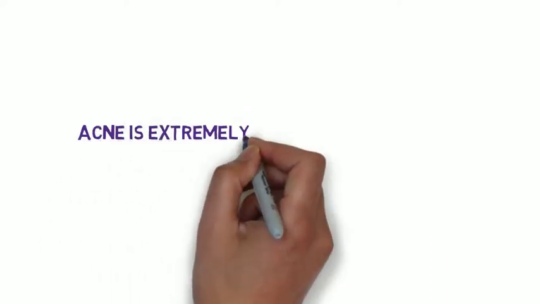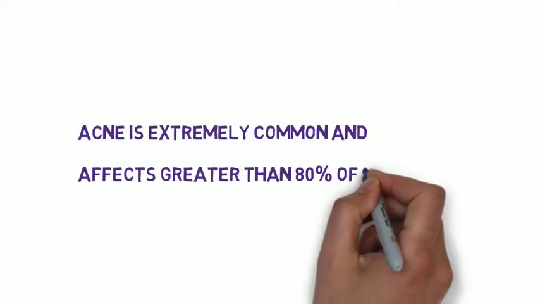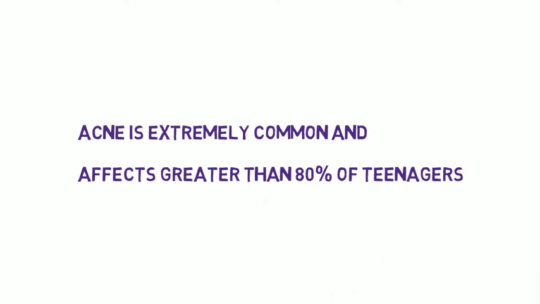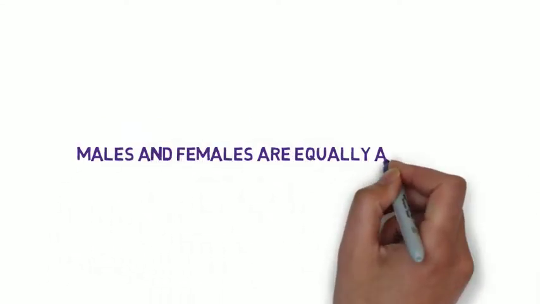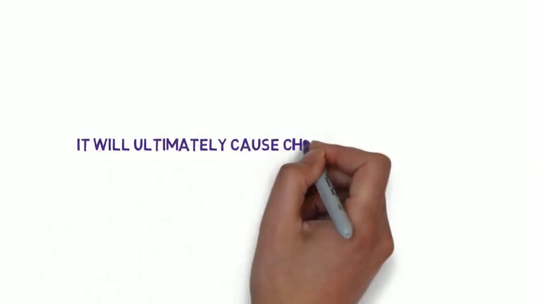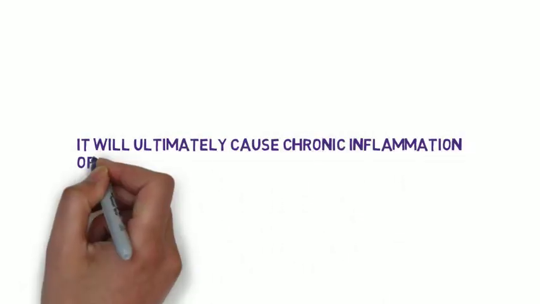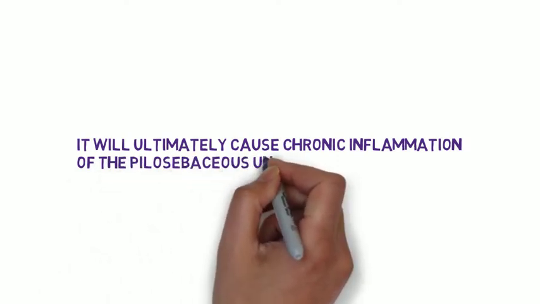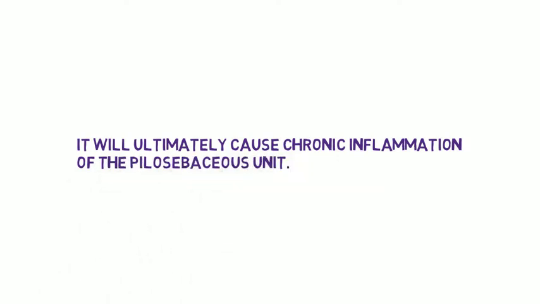Acne is extremely common and affects greater than 80% of teenagers. Males and females are equally affected, and the pathophysiology of acne vulgaris is due to a combination of different problems. There will be chronic inflammation of the pilosebaceous unit, and this is basically a hair follicle with a sebaceous unit attached.